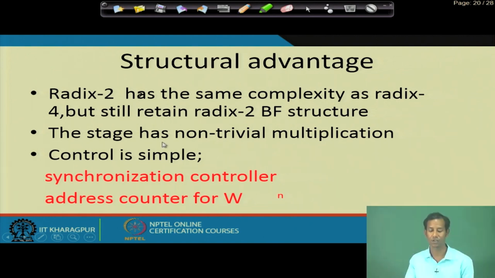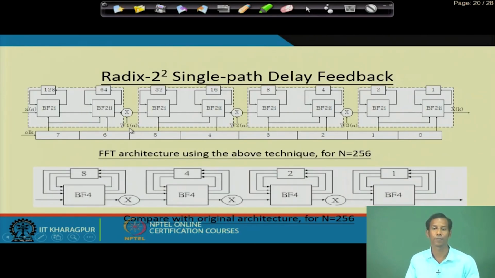The stage has non-trivial multiplication, and the control is also very simple, so the synchronization in the controller and the address counter for W n are simple. In the radix 4 butterfly unit case, the controller design for this kind of architecture will be much more complicated than this one, as here we are considering only a radix 2 butterfly unit.